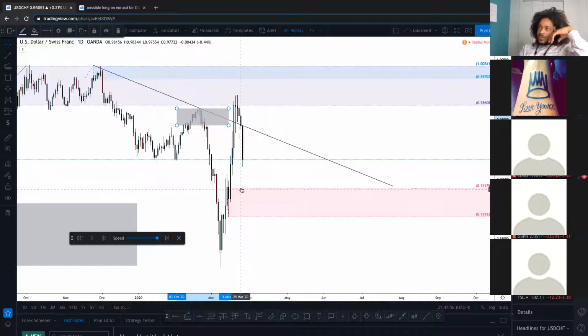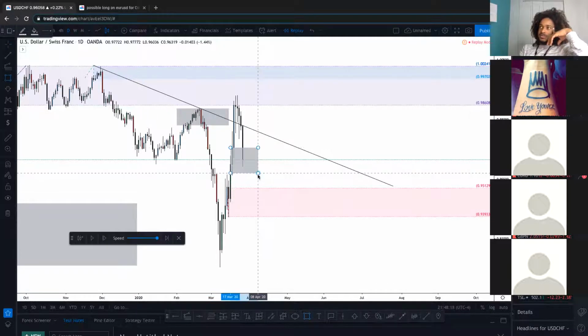Now, the reason why we have this zone here highlighted is because this is a daily demand CP level, responsible for removing this weekly supply, right? However, this is also a daily CP level because we had rally, base, rally.